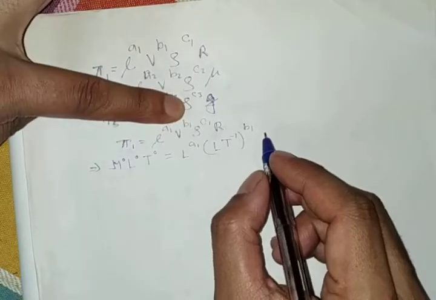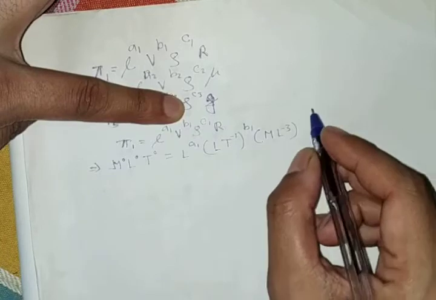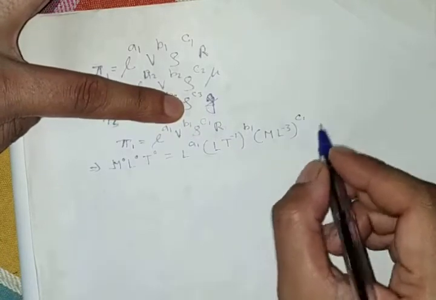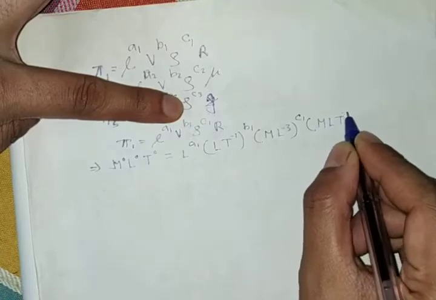For density it is M L^-3 to the power C1, and for R it is M L T^-2.